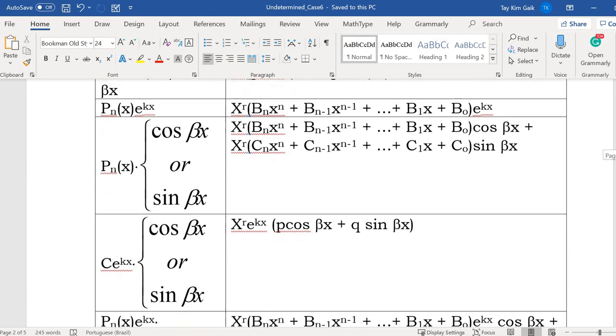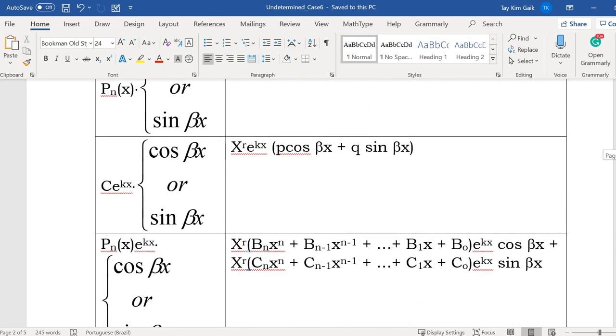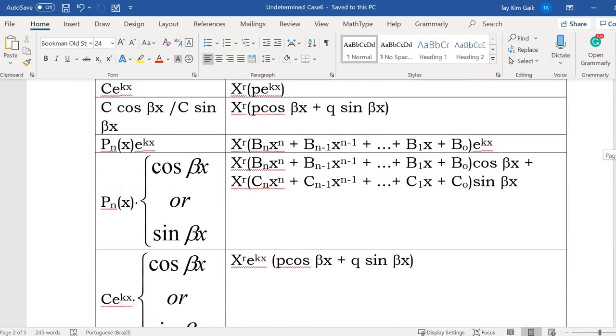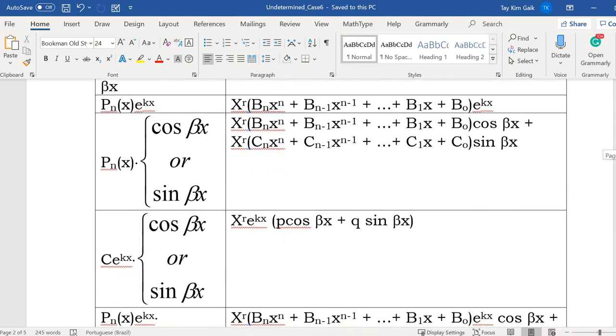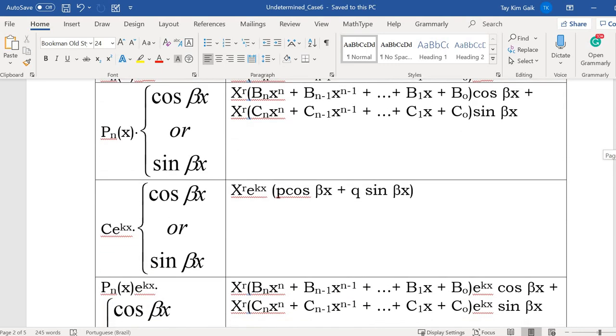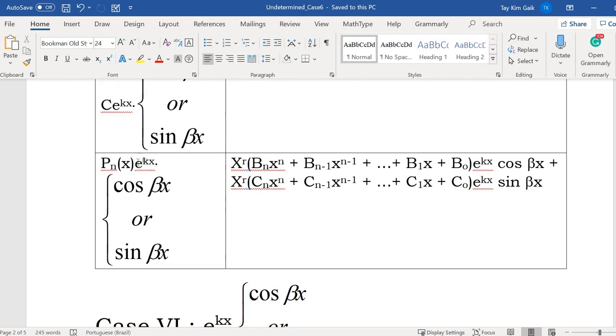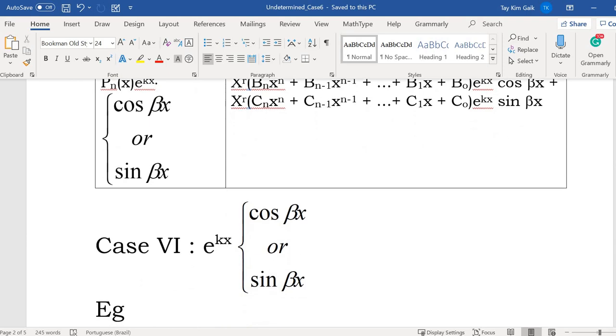Sorry, the 6th case is actually exponential with the trigonometric function. The last one, the 7th case, is polynomial, exponential, and trigonometric functions.